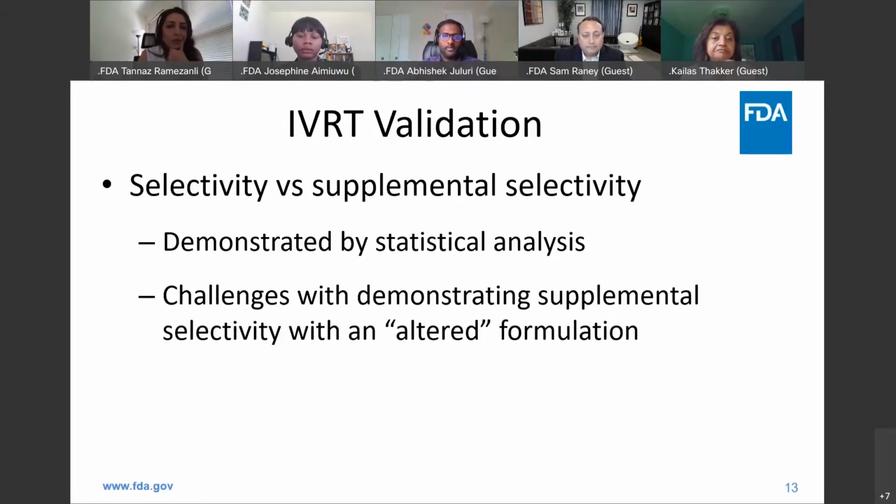And that should be acceptable because your IVRT method is developed based on your test and reference product, not based on the altered formulation.